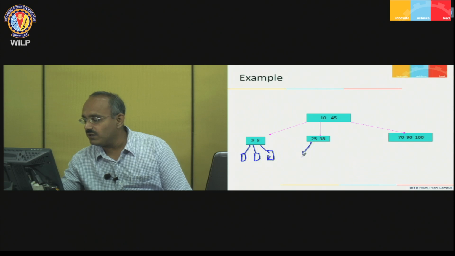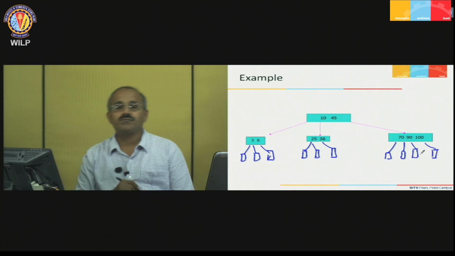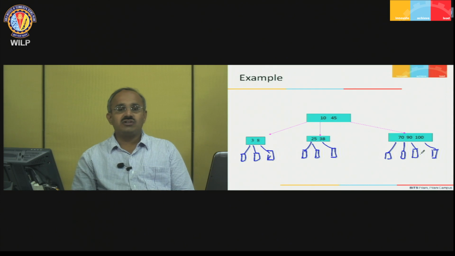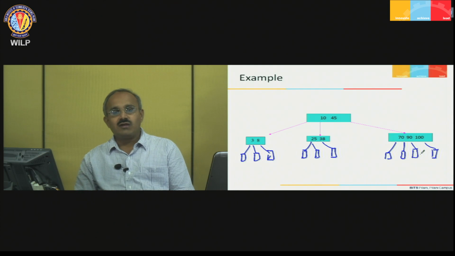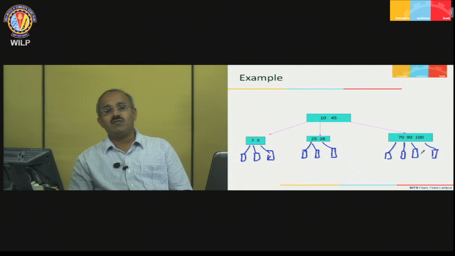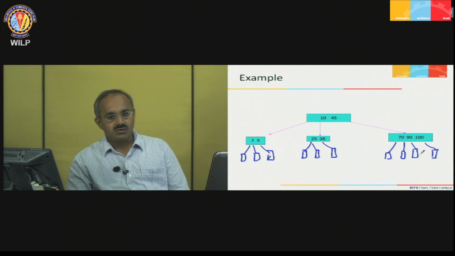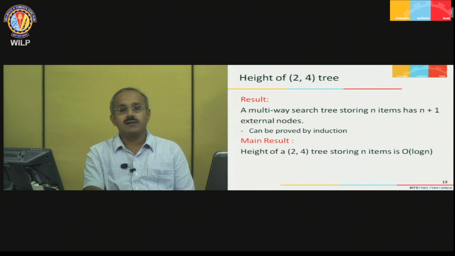This will similarly have 3, and this, since it is a node which is storing 3 keys, will have 4 children, all null nodes. So, we see that all external nodes are at the same level. Such a tree will be called a 2-4 tree or a 2-3-4 tree. We will stick to the convention of a 2-4 tree.